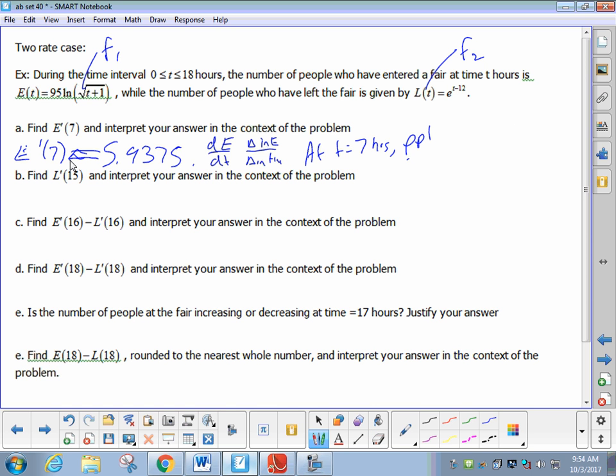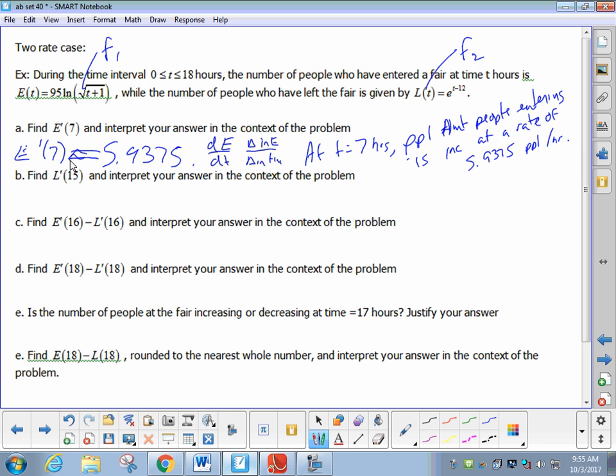So let's talk about the amount of people entering is increasing at a rate of 5.9375 people per hour. Changing the number of entered over change in time. I think you will probably be okay saying 5.9375 entered per hour at that instant, but just be safe.